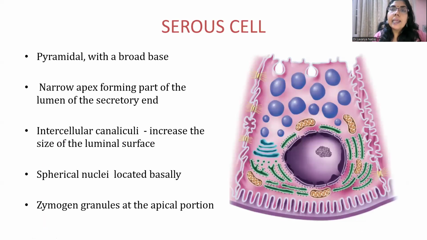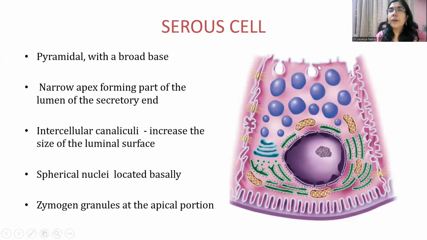So coming to the detailed explanation of each cell, the serous cell. The serous cell is pyramidal in nature. As you can see from this picture, pyramidal means they have a broad base and a narrow apex. The base is broader than the apex. The narrow apex forms a part of the lumen at the secretory end.